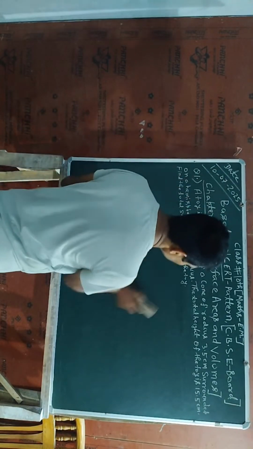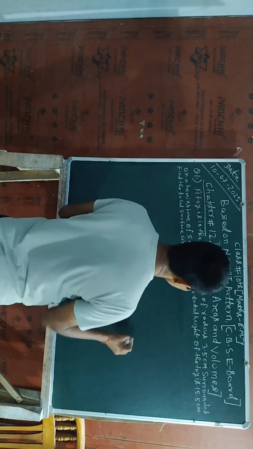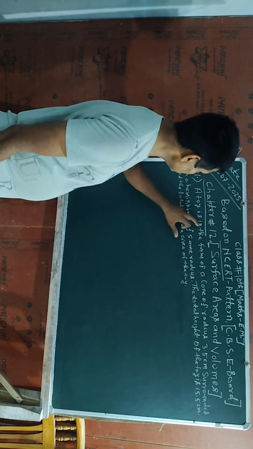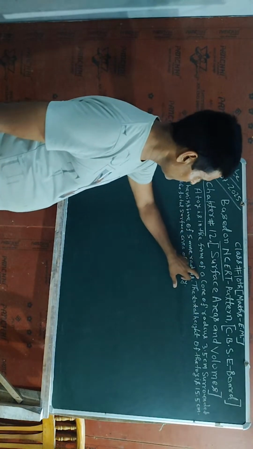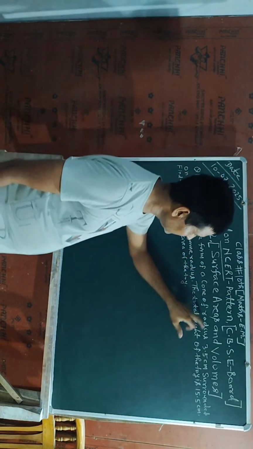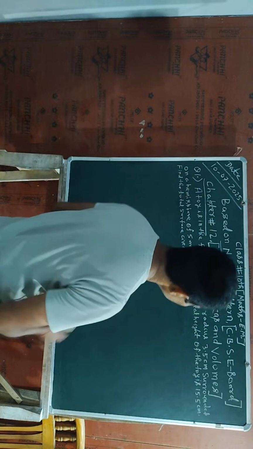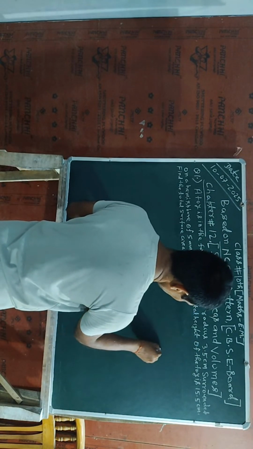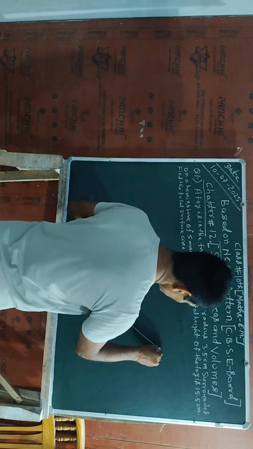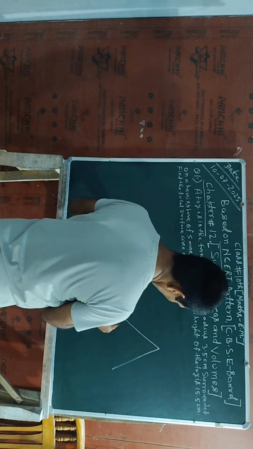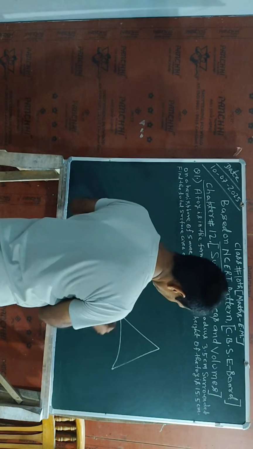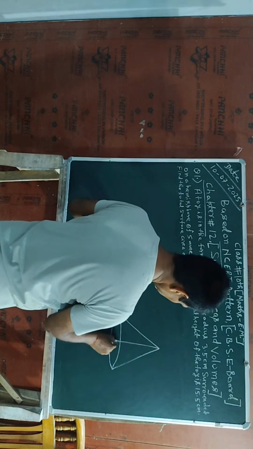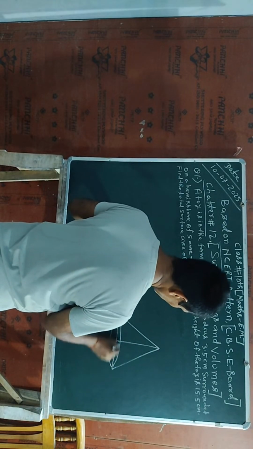Now here I am going to write. Here see, a toy is in the form of a cone of radius 3.5 centimeter, meaning one toy. That toy is in the form of a cone whose radius is 3.5 centimeter.